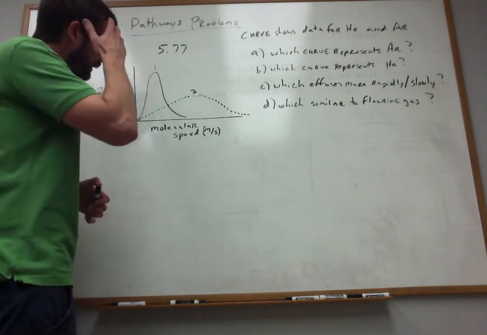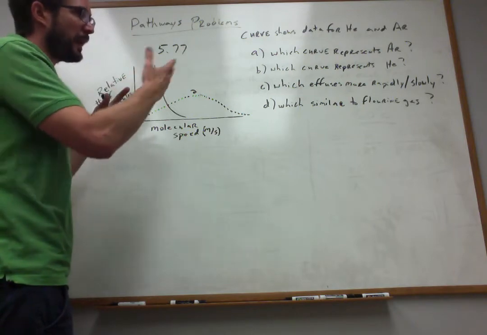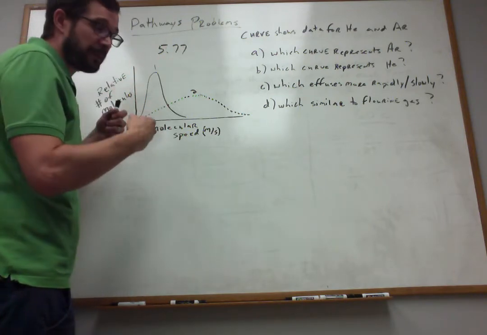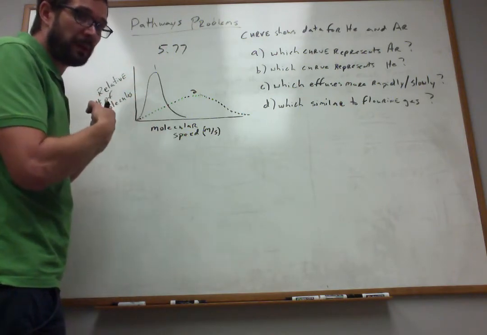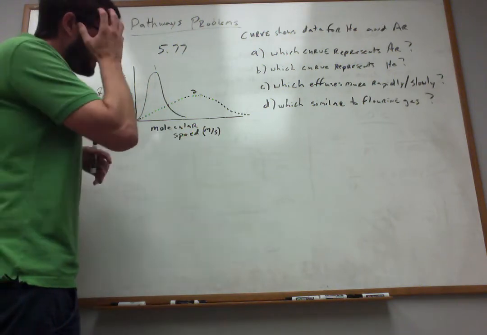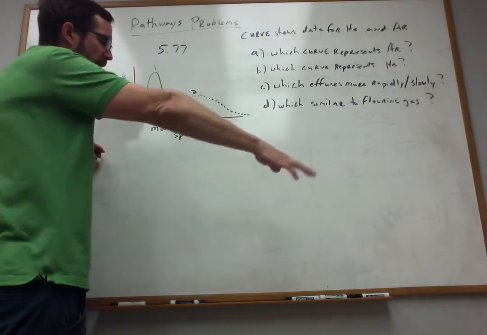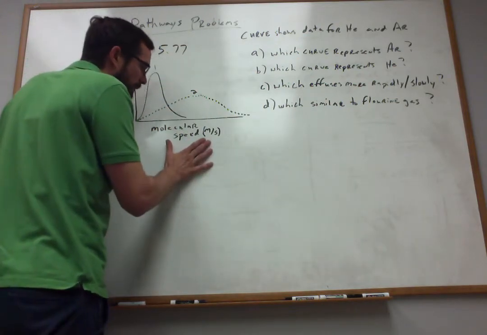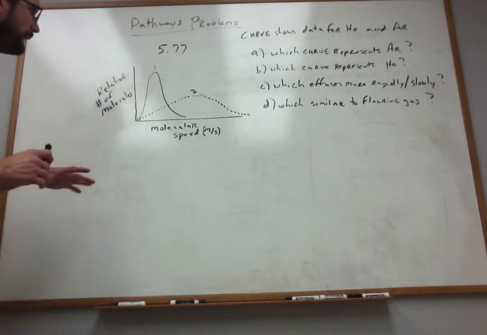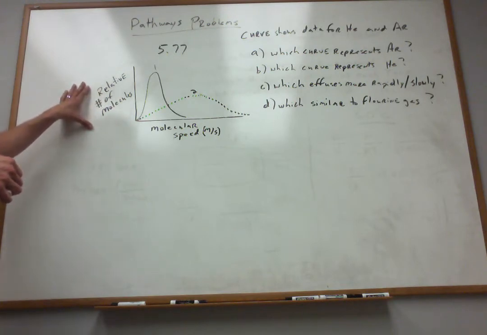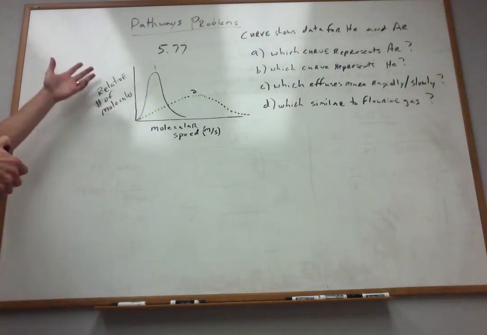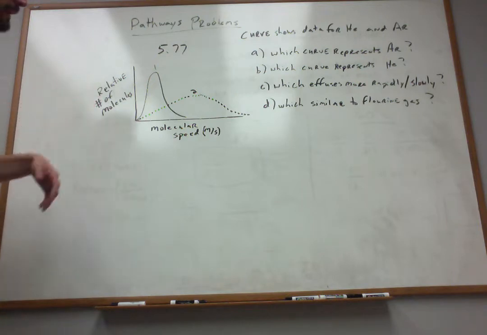Obviously the molecules, or atoms in this case, are constantly bumping into one another, so they're changing direction. So this is not necessarily the velocity in one direction, but it is a measurement of molecular speed. And this axis basically tells us what fraction of atoms have a particular molecular speed.